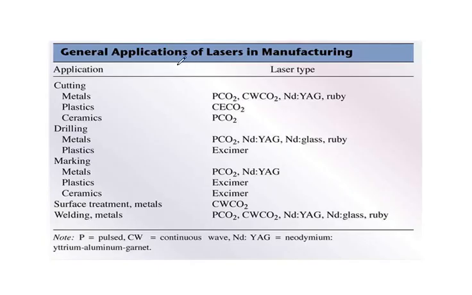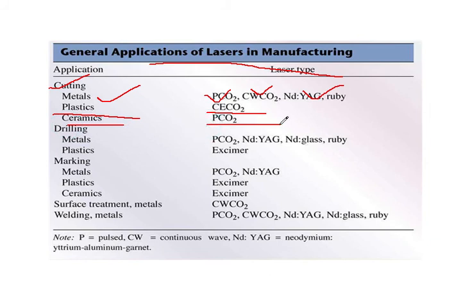Now you can see the general application of laser in manufacturing. If you go for cutting metal, what type of laser are you going to prefer? If your operation is cutting on metal, you are going to use PCO2, CWCO2, ND, ruby. If you go for plastic, then you have to use only CWCO2 laser. If you go with ceramic, you have to go for PCO2 laser.